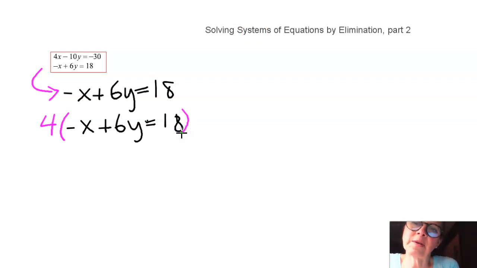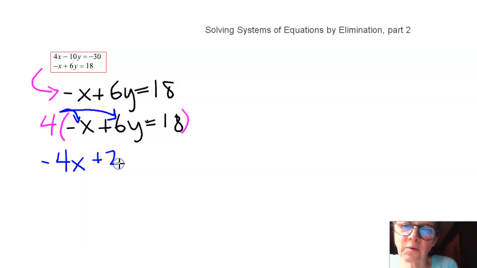So what happens when we do that? Let's do this in a different color. If I distribute, 4 times negative x gives me negative 4x. 4 times 6y gives me a positive 24y. And 4 times 18 gives me 72.